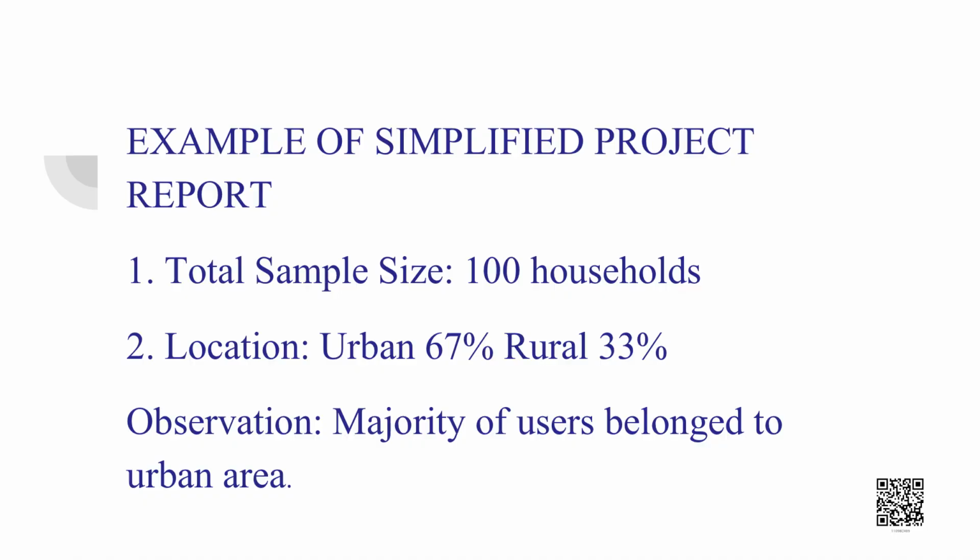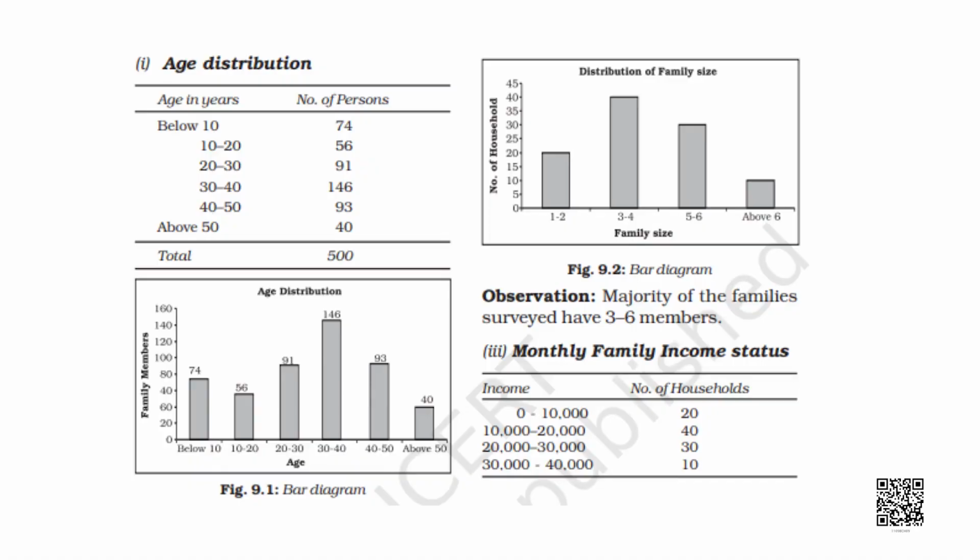Then it might be possible that we surveyed 67% urban area and 33% rural areas. That means that the 500 households which were surveyed included 67% from urban areas and 33% from rural areas. Now, let us show the results obtained through various statistical tools, statistical diagrams and graphs.